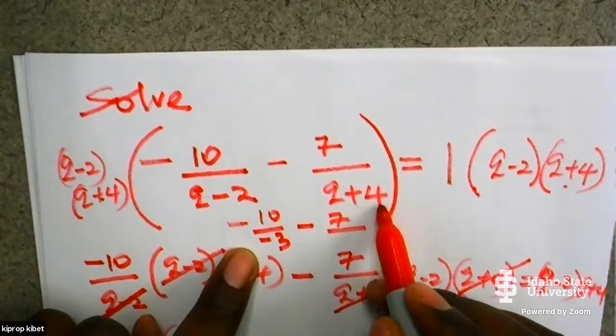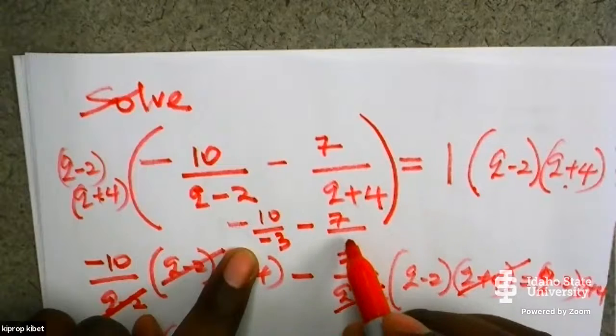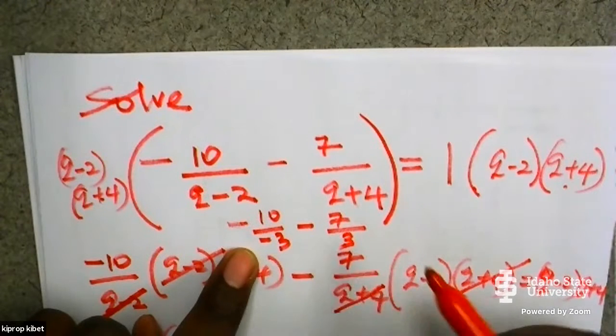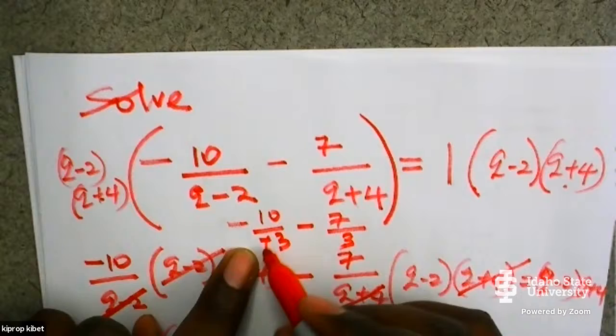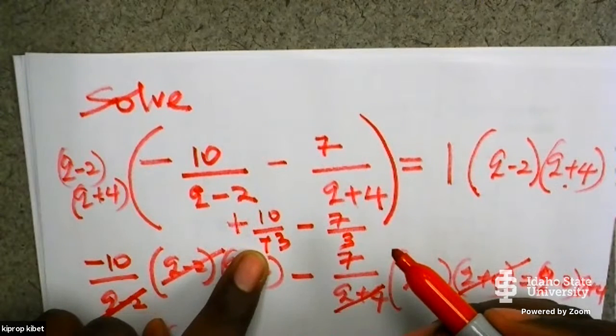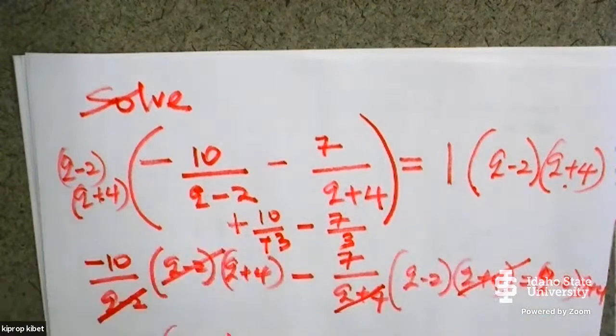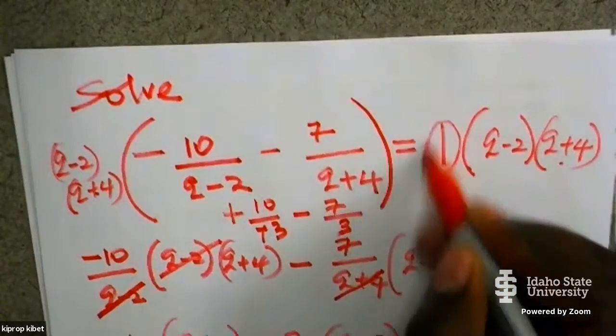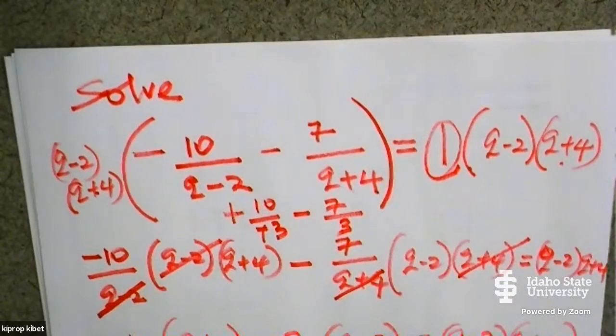Minus 1 plus 4 is what? 3. You get 3, right? So this and that will be plus. So 10 over 3 minus 7 over 3, you get 3 over 3, right? Which is equals to what? Is it not equals to 1? So it is equals to 1.